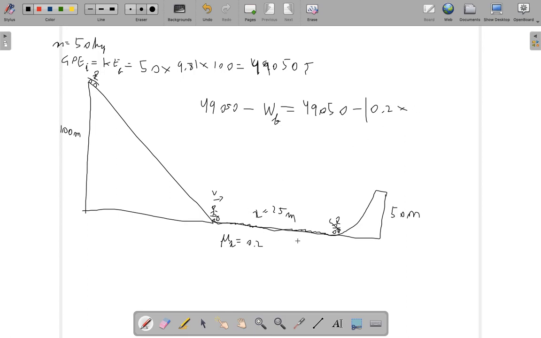Since it's completely flat, the normal force is just going to be mg, 50 times 9.81, so 0.2 times 50 times 9.81 times the length over which it acts, which is 25 meters. And so we end up with 0.2 times 50 times 9.81 times 25.